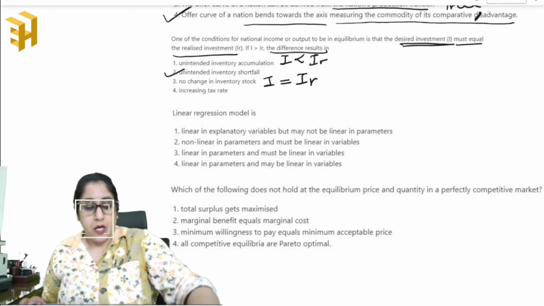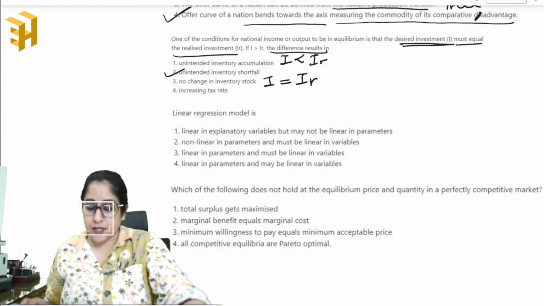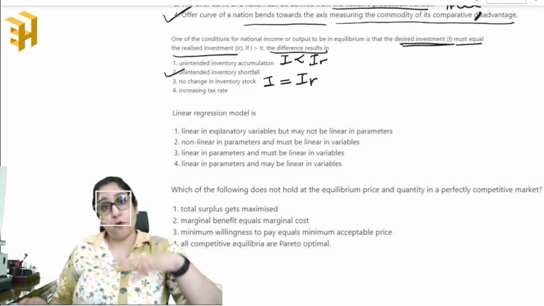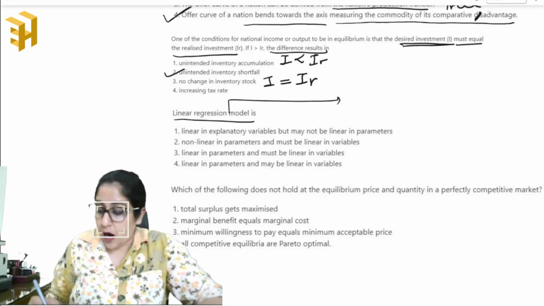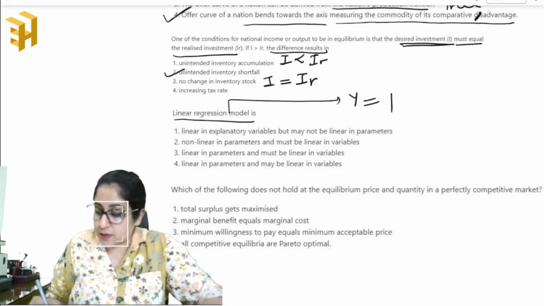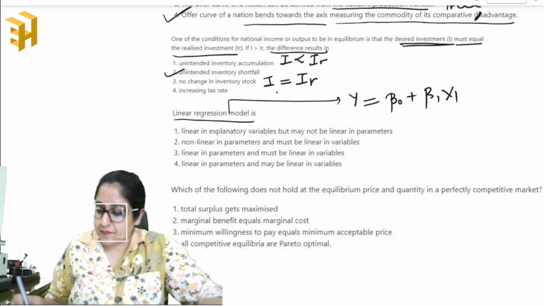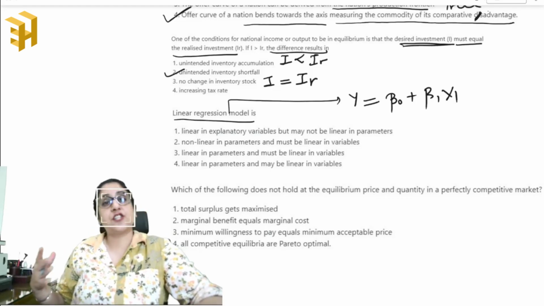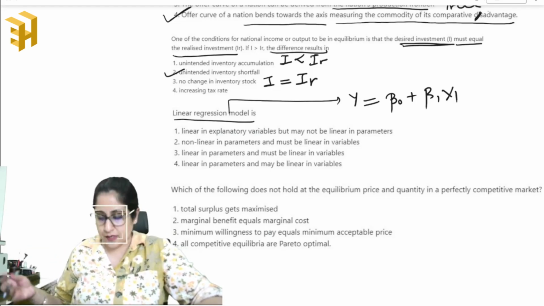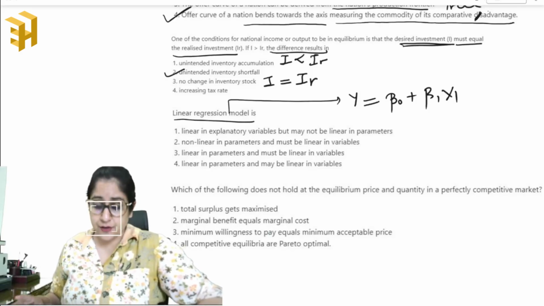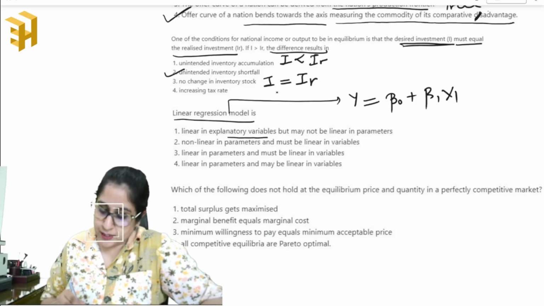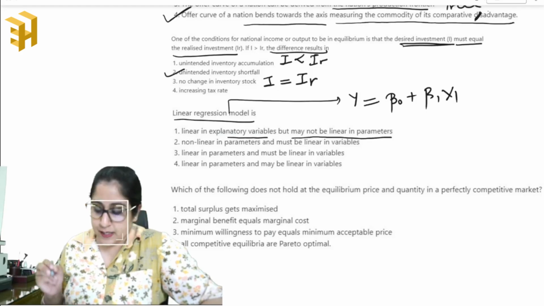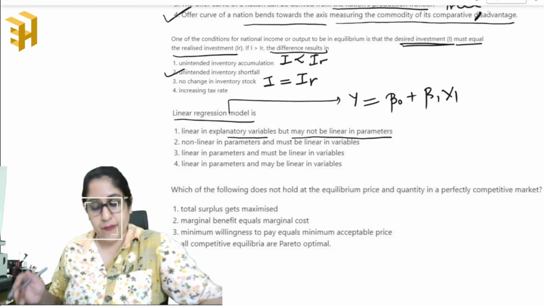Okay. Next, the linear regression model. Before proceeding, we should know what the linear regression model is and how it is expressed. Y is equal to beta naught plus beta 1 x1. This is how your linear regression model is represented. Now, the linear regression model is linear in explanatory variables but may not be linear in parameters?